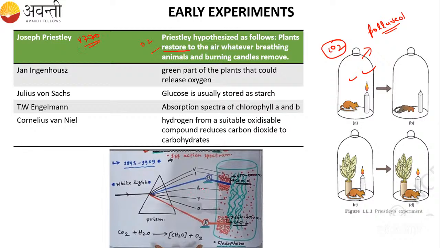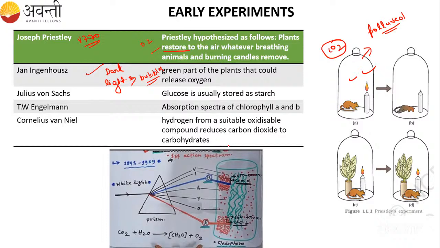Then coming to Jan Ingenhousz, he took an aquatic plant and did the same experiment. He kept that plant in light condition and in dark condition. In the light condition he found bubbles evolving from the plant in the water.